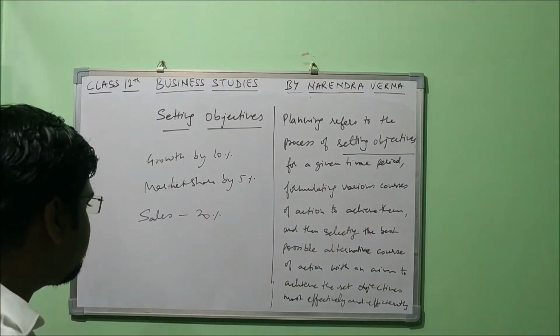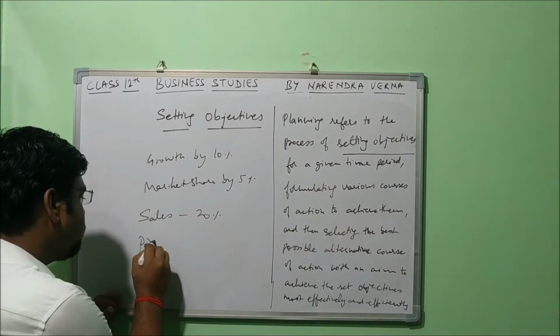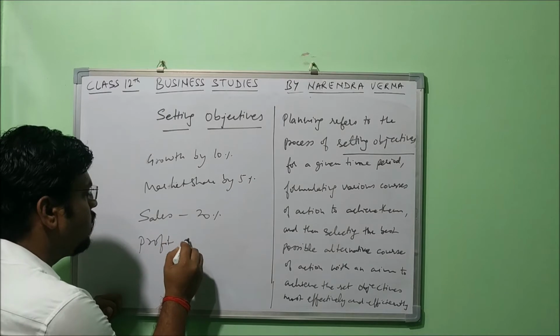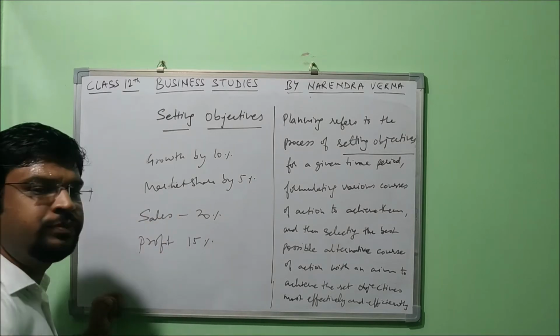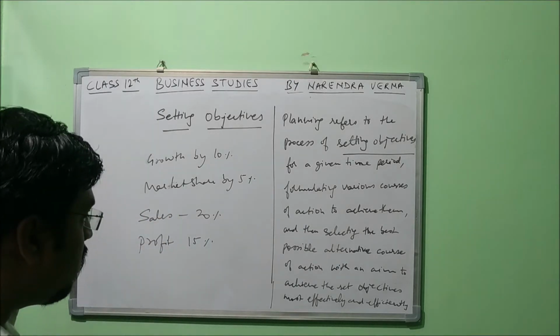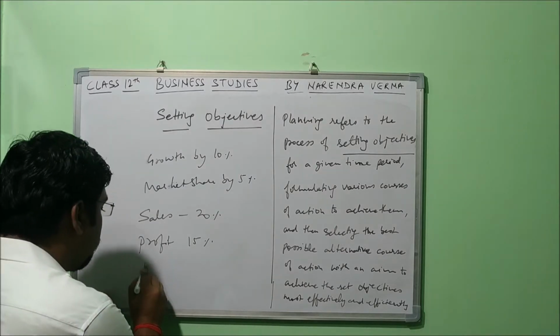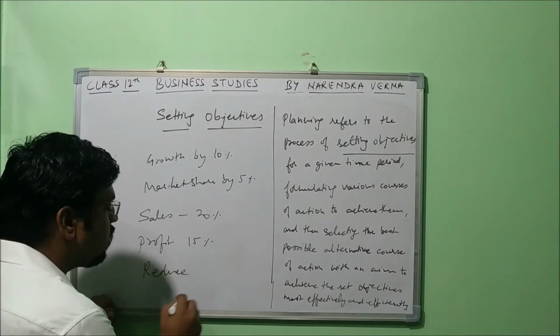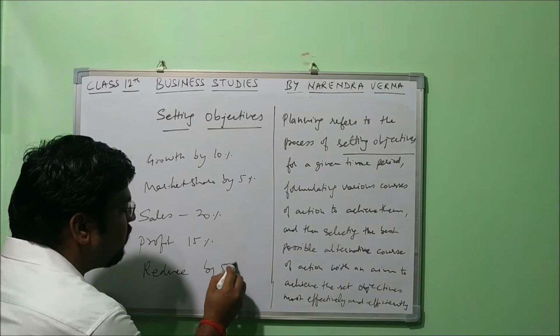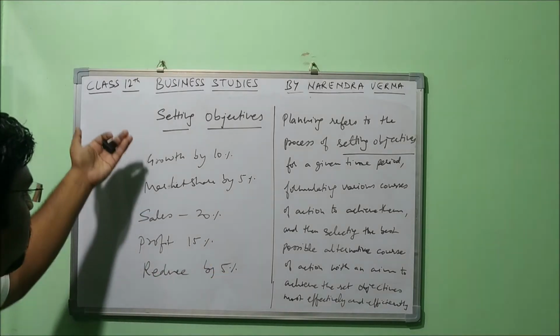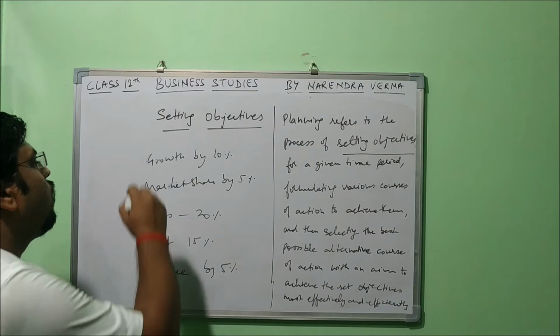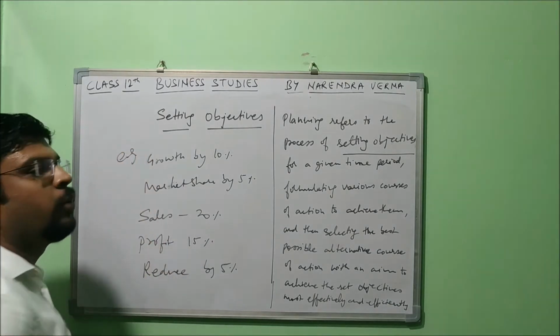Some other organization may have the objective to increase profit by 15%. Or this can also be the objective of the organization for 1 year or 2 years to reduce the cost by 5%.